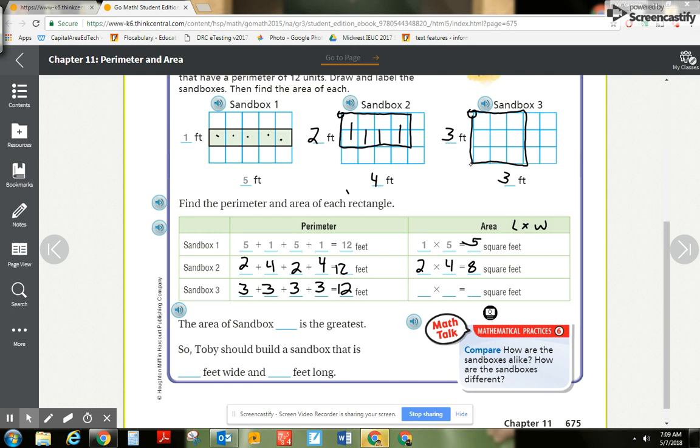And then sandbox 3 was 3 feet by 3 feet equals 9. 3, 6, 9 inside. So the area of sandbox 3 is the greatest. So Toby should build a sandbox that is 3 feet wide and 3 feet long.